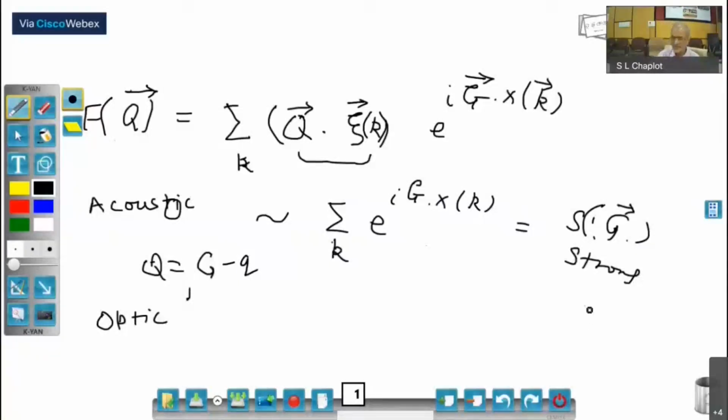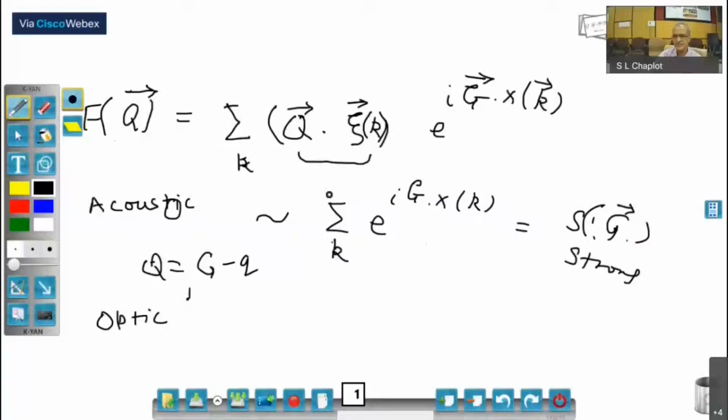This is a very general thumb rule, but as you can see, it will apply only when you have a fairly simple structure in which you can talk of simple acoustic modes and simple optic modes, not when you have a very large number of modes which tend to have very complex eigenvectors or phase differences between atoms.